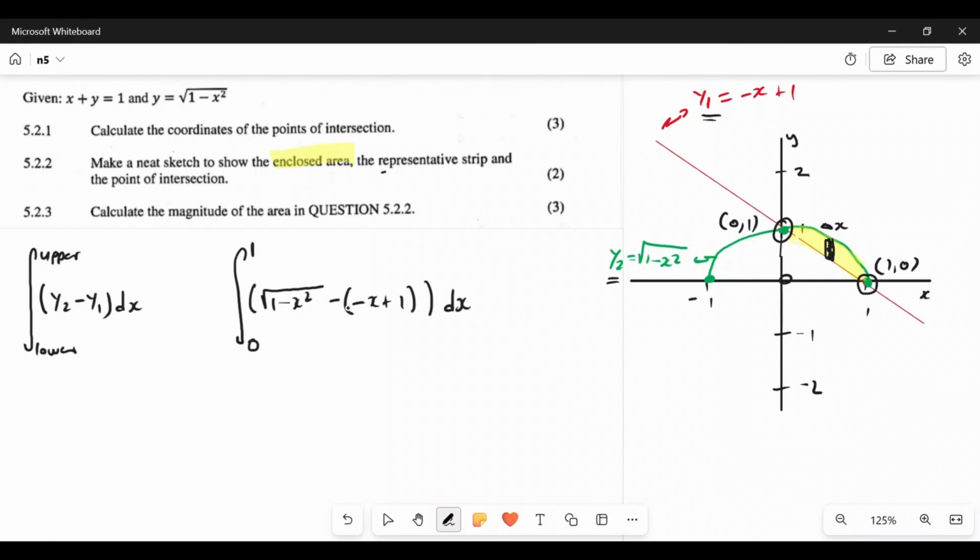Now we have to simplify first. Let's rewrite it as the root of 1 minus x squared, and then we multiply by the negative. This x is going to be positive, and the 1 is going to be negative. Then we close the bracket, and we have a dx.